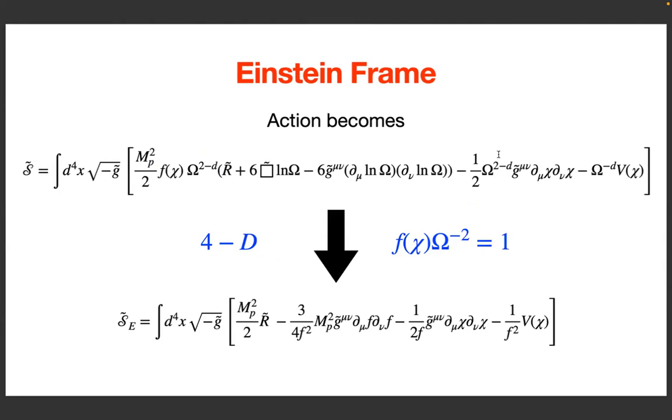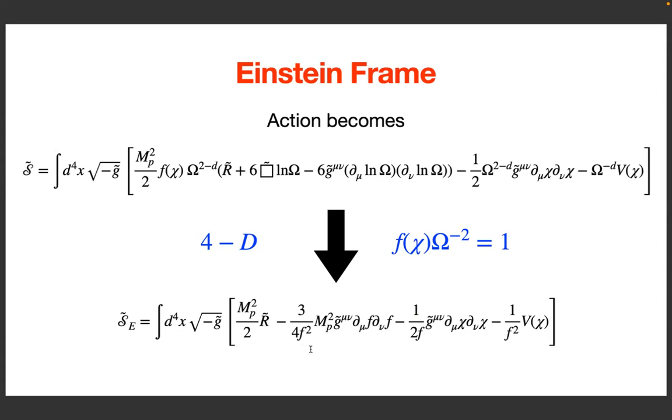Okay. So if I take this into consideration, I get rid of my conformal factor, because now I have chosen that f of chi is the conformal factor I want in order to recover the Einstein-Hilbert action.